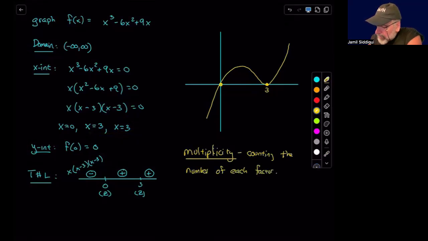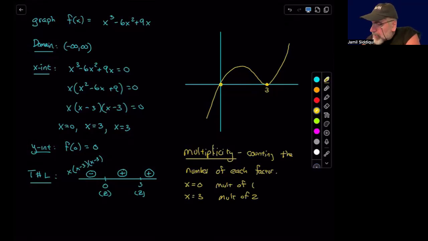In this case, x equals 0 has a multiplicity of 1, and x equals 3 has a multiplicity of 2. Okay, so for every factor you've got, you add 1 to that multiplicity value. Please keep that in mind as we work through today's assignment.